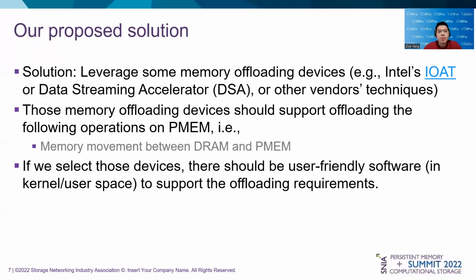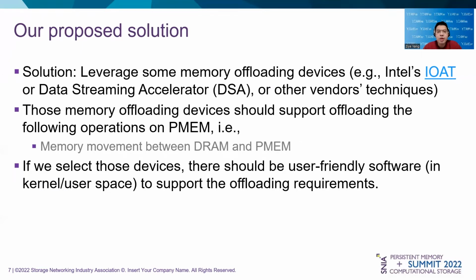So here comes our proposed solution. Our solution is that we will leverage some memory offloading devices, such as Intel's IOAT technique or Data Streaming Accelerator technique or other vendors' techniques to address this issue.